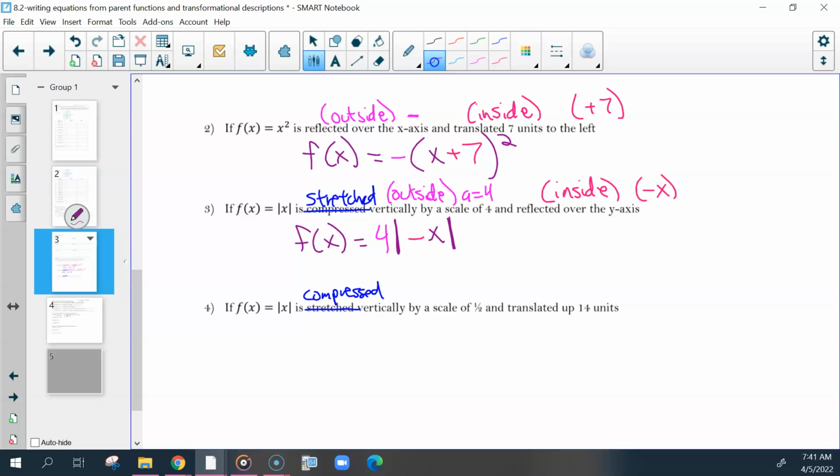If you wanted to put parentheses around the x, you could, but that wouldn't change anything. Or if you wanted to put it around the negative and the x, you could do that, but that wouldn't change anything. What questions do we have on that one?